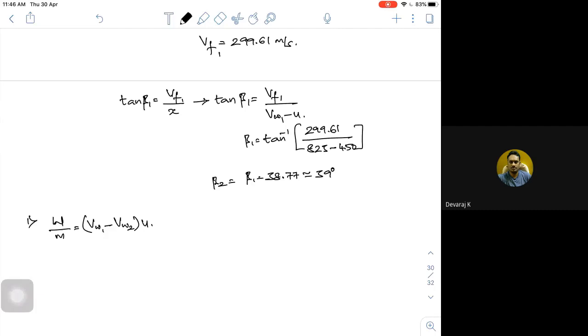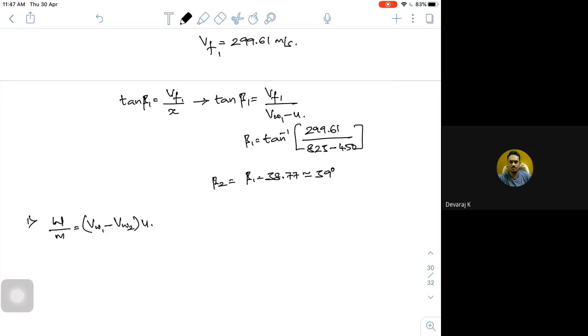So we have to maximize that particular thing for a given turbine, maybe with respect to a given K. K is nothing but your corresponding ratio of VR1 or VR2, whatever it may be, or your corresponding beta angles also.